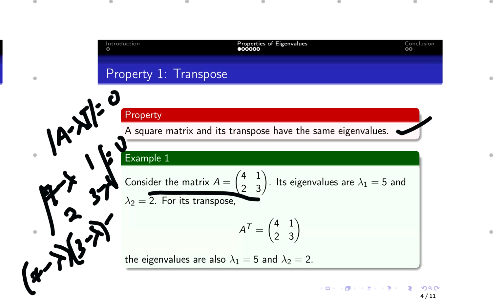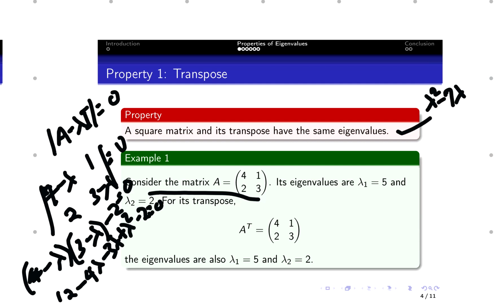If you expand this now, 4 times 3 is 12. 4 times minus lambda is minus 4 lambda. Minus lambda times 3 is minus 3 lambda. Then minus lambda times lambda is minus lambda squared, minus 2. All of this equals 0. So you have lambda squared minus 7 lambda, then 12 minus 2, which is 10, and all of this is equal to 0.